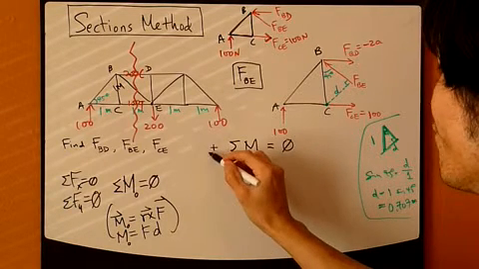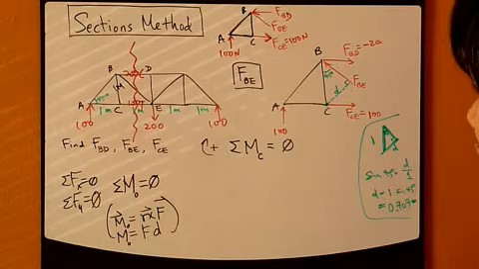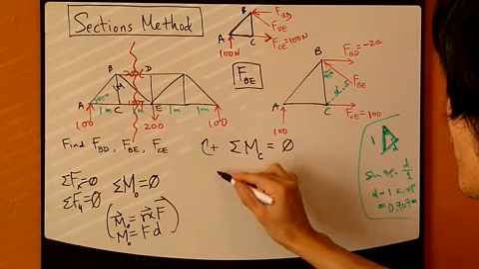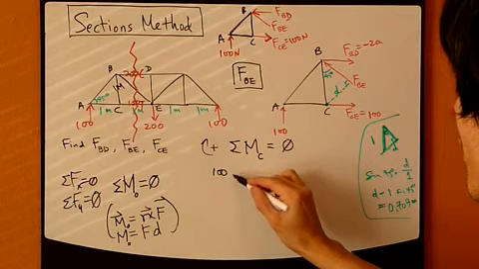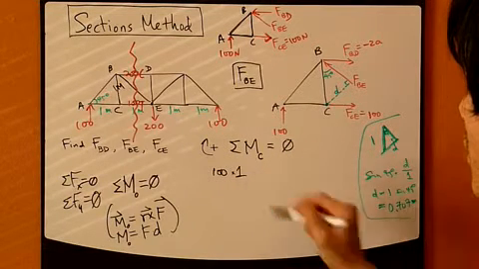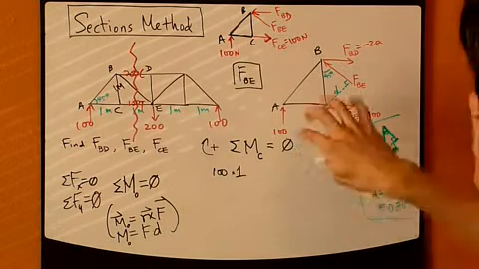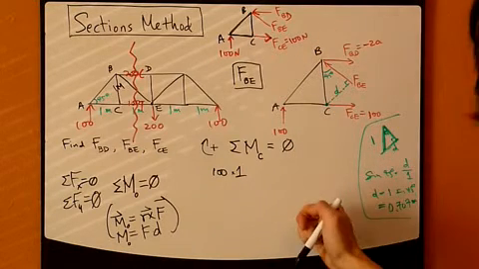And once again, I'm just going to make the clockwise direction positive. So first, this 100 times the distance between these two, which would be 1 meter. So that's my first moment. It's positive, clockwise.